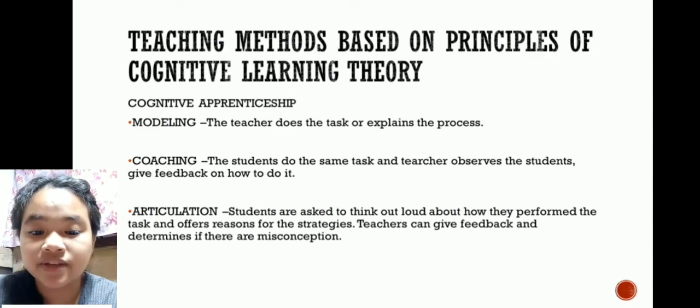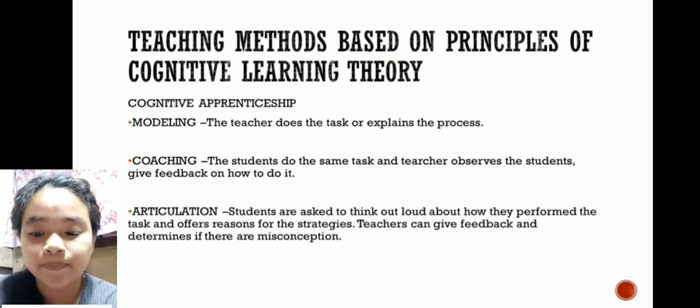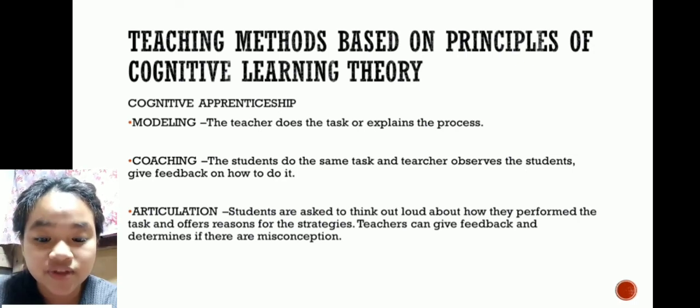Teaching methods based on principles of cognitive learning theory. Modeling. The teacher does the task or explains the process. Coaching. The students do the task and the teacher observes the students and gives feedback on how to do it. Articulation. Students are asked to think out loud about how they performed the task and offer reasons for the strategies.